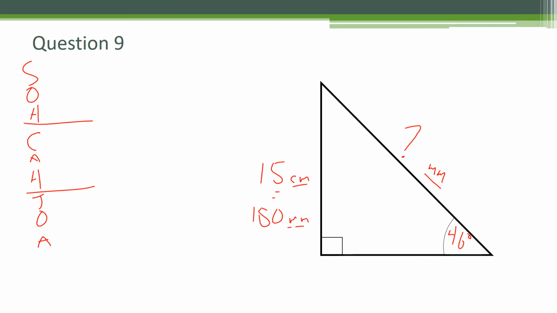Great. Which sides am I working with? I'm working with the opposite side and the hypotenuse. The O and the H, hey, that's going to be sine. So it's sine of 46. Don't forget I want to use the millimeter one. So the sine of 46 is equal to the opposite, which is 150, over I don't know.